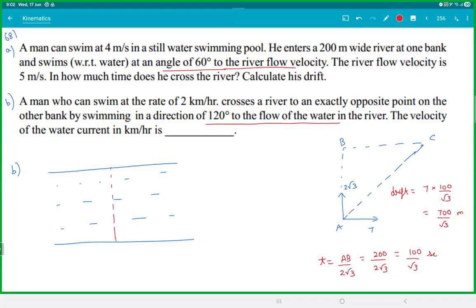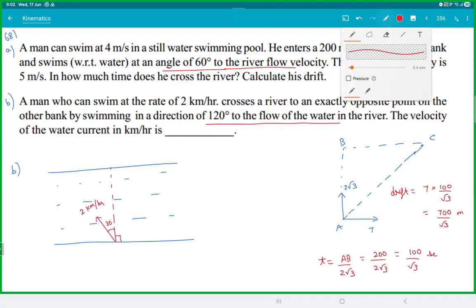So he is going with 2 kilometers per hour. It's 120 degrees. So this is 90 and this is 30. So straightforward, it's done.